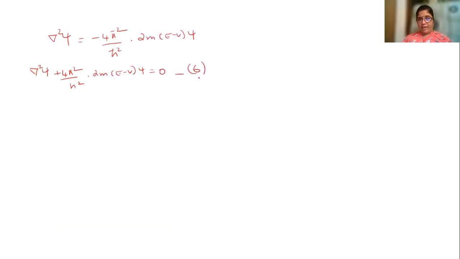You can leave it as it is, or in quantum mechanics, often we use h by 2 pi. So instead of writing h by 2 pi, we can write it as h cross, or 1 by h cross is equal to 2 pi by h, or you can say 1 by h cross square is equal to 4 pi square by h square, which is what we have here.